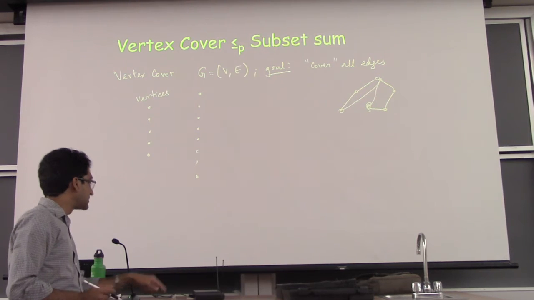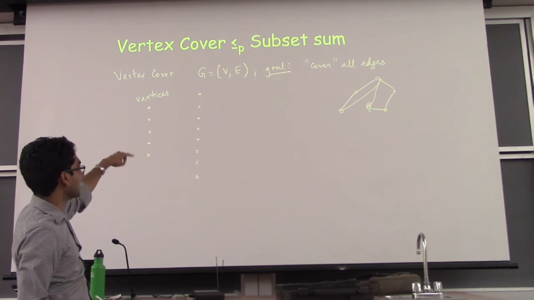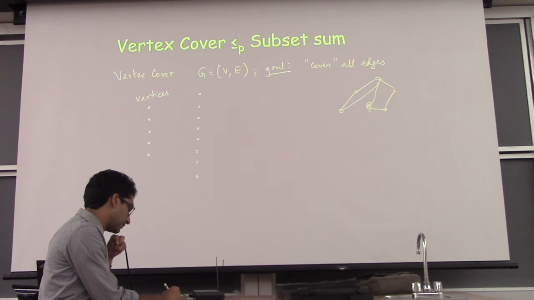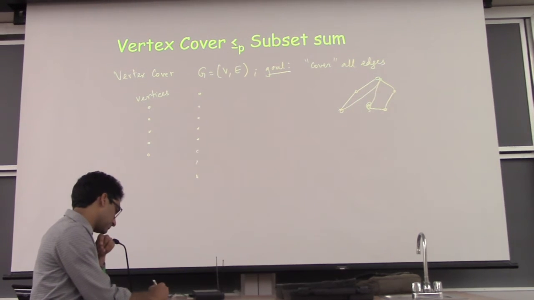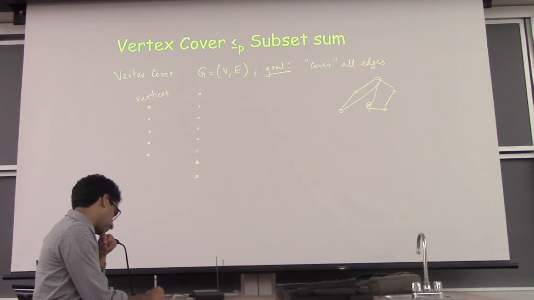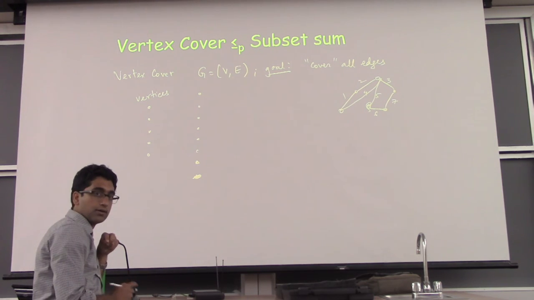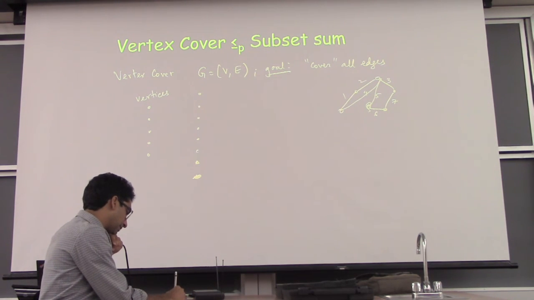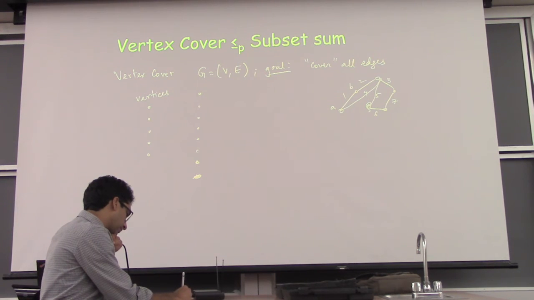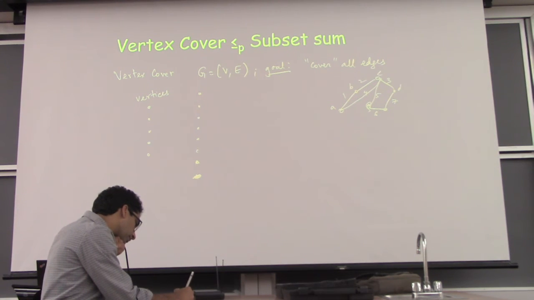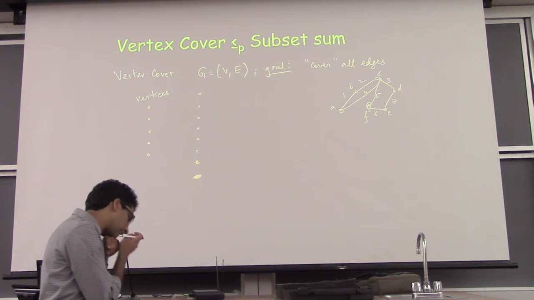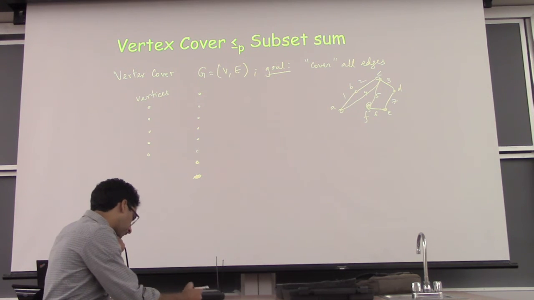So for every edge, I can put a vertex on this side. Okay, so in this case, there are 7 edges. So maybe it's one. Okay. And vertices, let's say I label them as A. Okay.